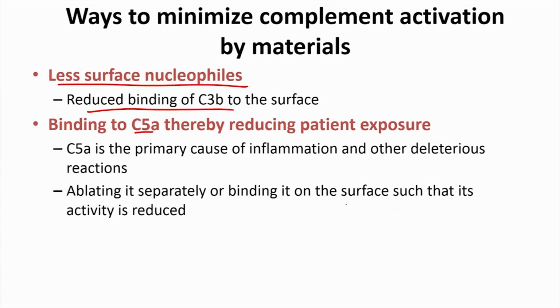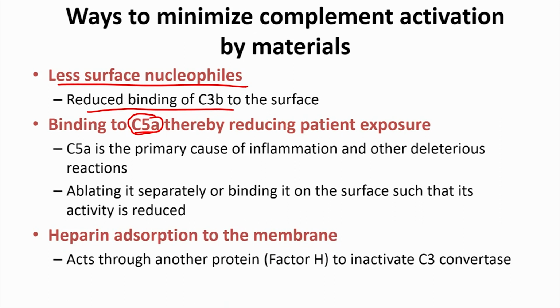So let us say I know that I am going to put an implant in a patient. Why do I not first knock the C5a out from the patient, either using antibody or some other method, so that there is no more C5a present in the serum, or it is present in a much lower quantity? Because I have ablated it, it cannot go and bind to the implants. The other method that is used is to adsorb heparin before implantation.